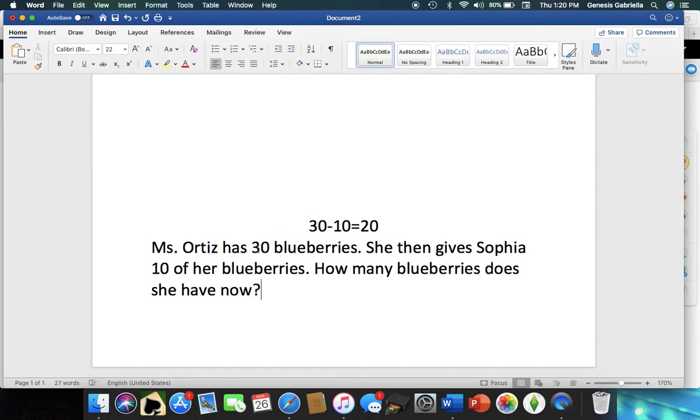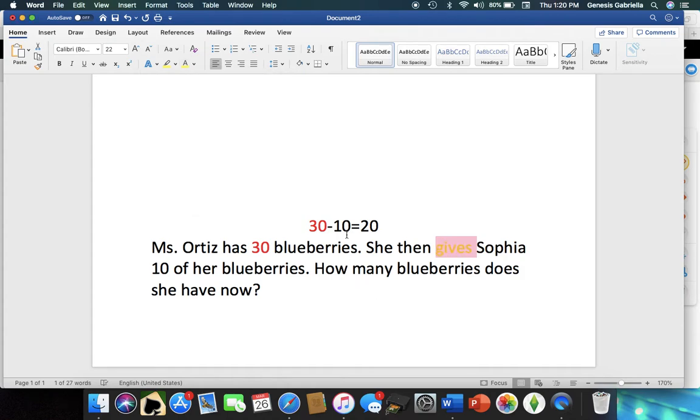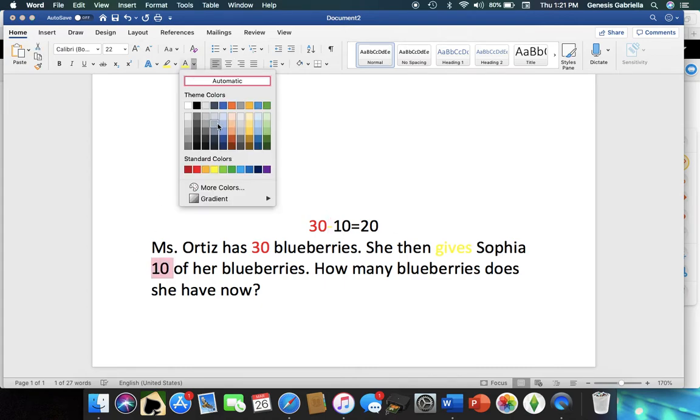You see what I did here? I put 30 because this was the first part of my equation. That's what we started with. Then gives, that special word, tells the person that that's a subtraction problem. It symbolizes my subtraction problem. Then 10, give Sophia 10 of her blueberries.